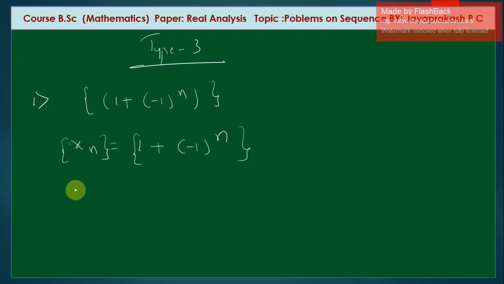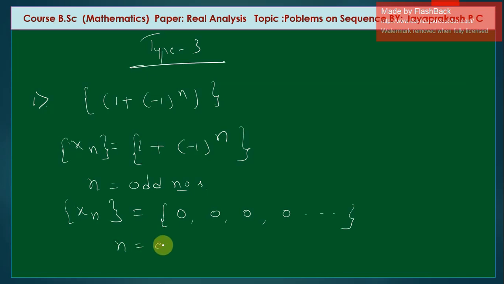If n is equal to odd numbers, we get xn is equal to 1 plus (minus 1) to the power of 1, which is 1 minus 1 is 0, 0, 0. If n is equal to even numbers, we get xn is equal to 2, 2, 2.